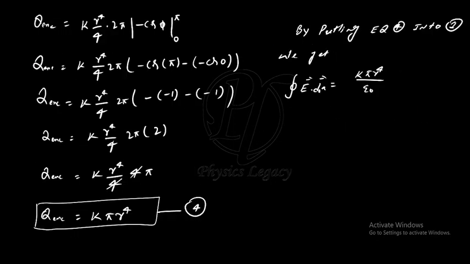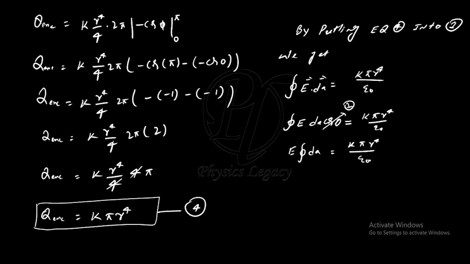So if we take the dot product, we have closed integral E dA cos theta, and theta equal to 0, so cos theta is equal to 1. So we have E closed integral dA equal to k pi R to the 4 over epsilon naught.